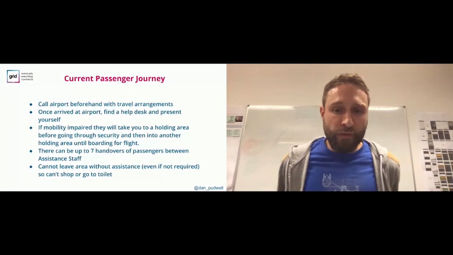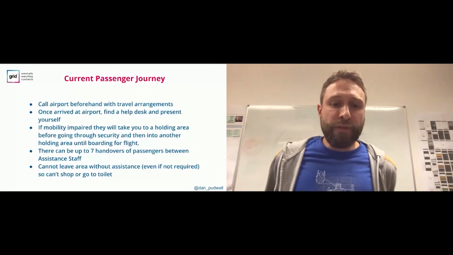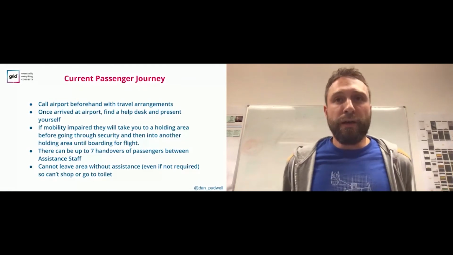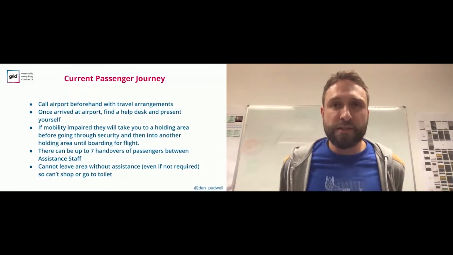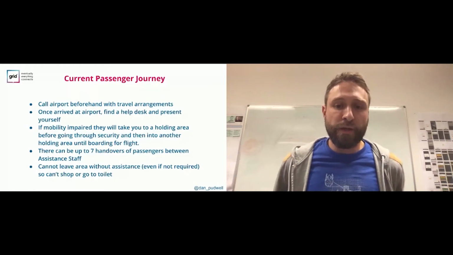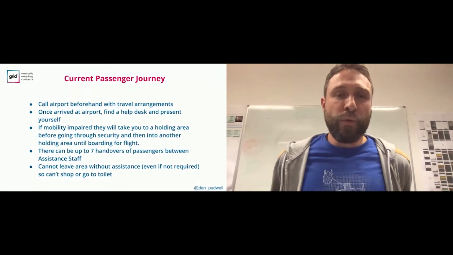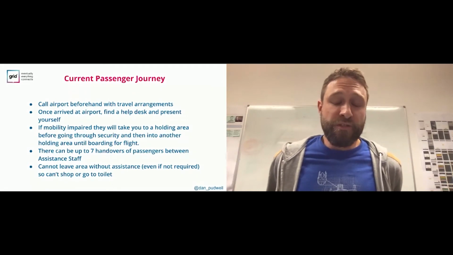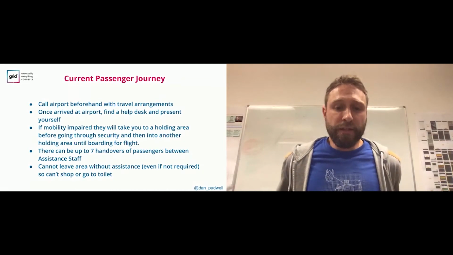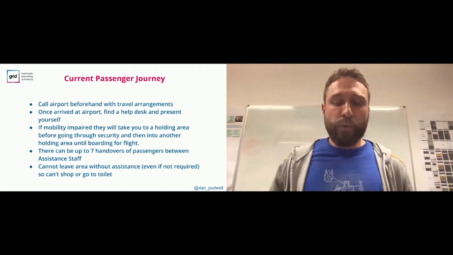Then they go through security. They go into another holding area, and you're basically stuck in this holding area. You can't really go anywhere. Even if you want to just use the toilet, and you're perfectly capable of doing that yourself, you just can't. You need to have somebody with you there.